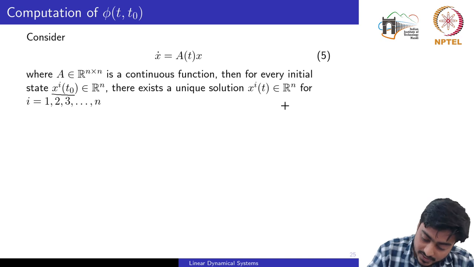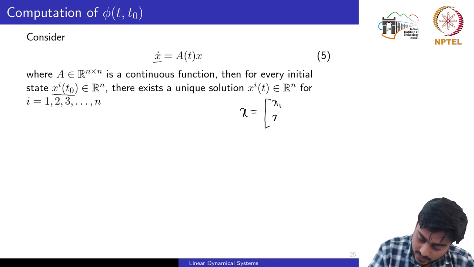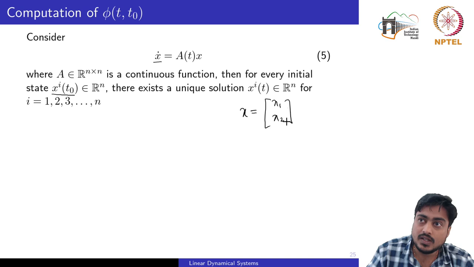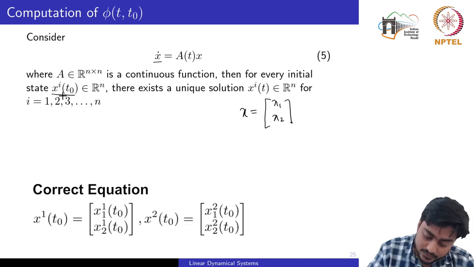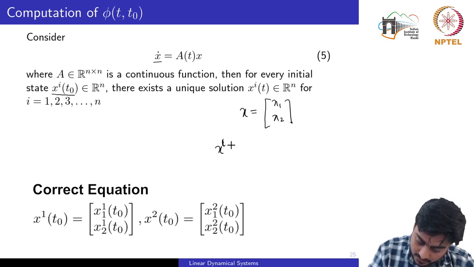Okay, so for example, let's say we have this original x is equal to x1 and x2. Okay, now this xi(t0) says that I have an n-dimensional vector which I call, let's say, x1(t0), which is again an n-dimensional vector at time t0.